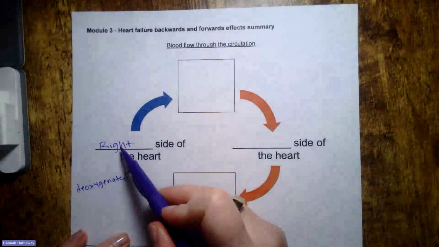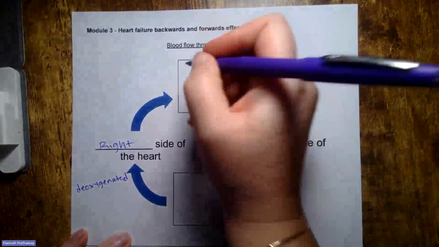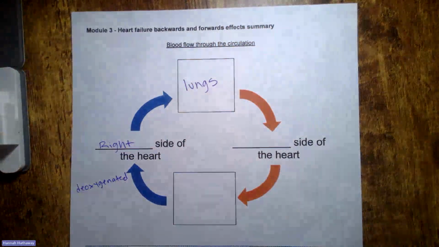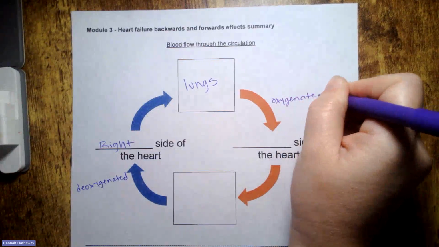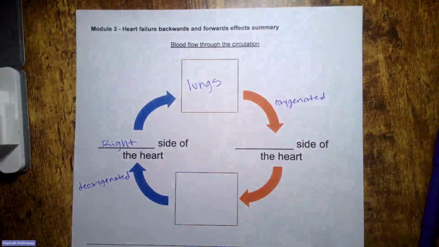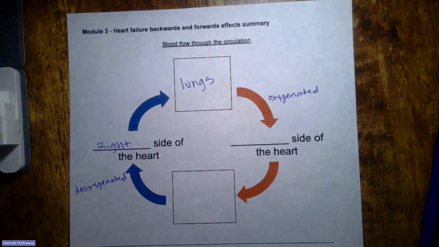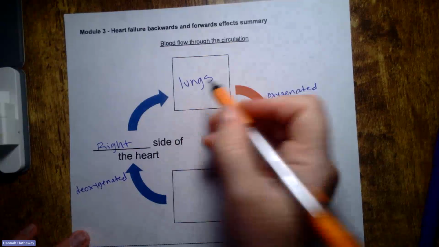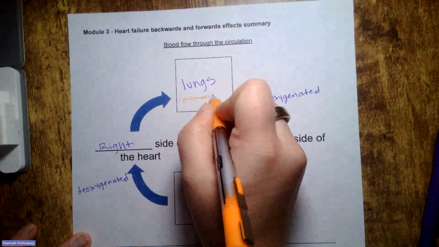And so this deoxygenated blood goes from the right side of the heart, and the right side of the heart pumps the deoxygenated blood into the lungs. And at that point, the blood becomes oxygenated. That's why these arrows are in red. Just to note here, I've written lungs, but technically, if we want to be a little more medical and precise with our terminology, instead of the lungs, we could say the pulmonary circulation.